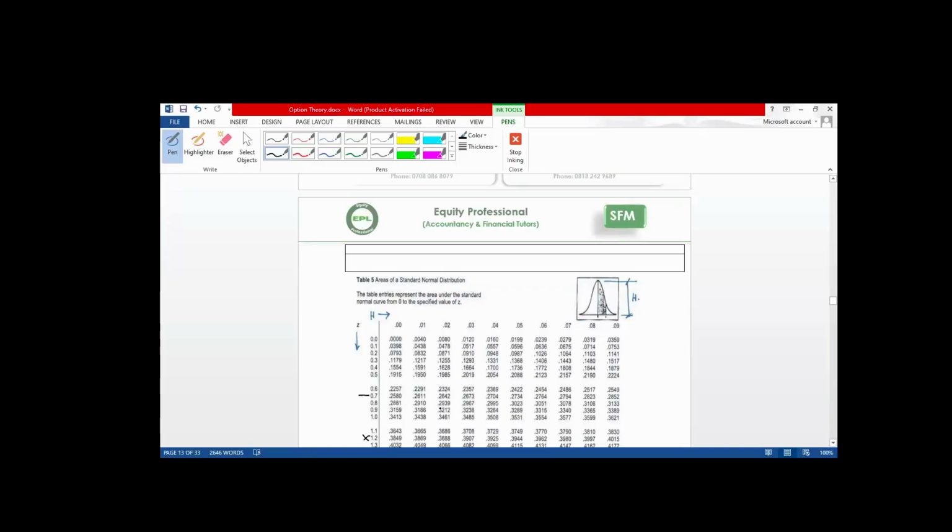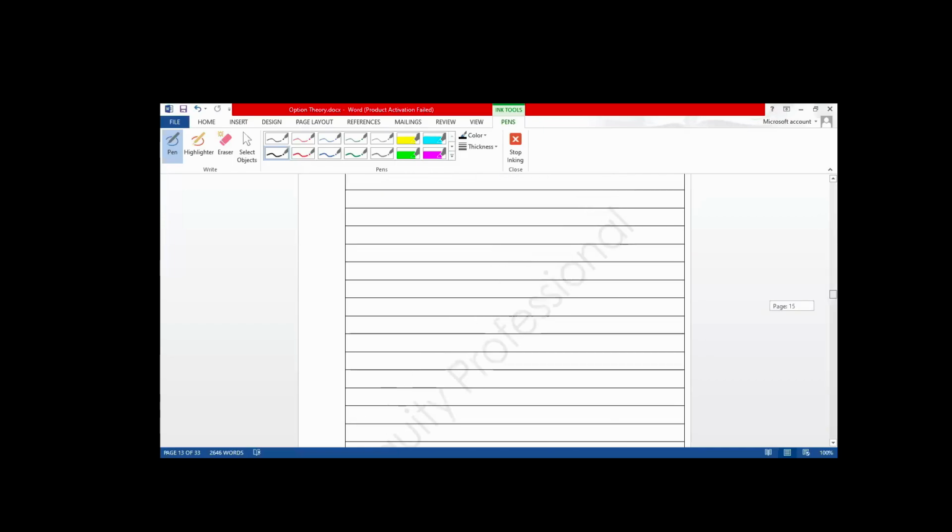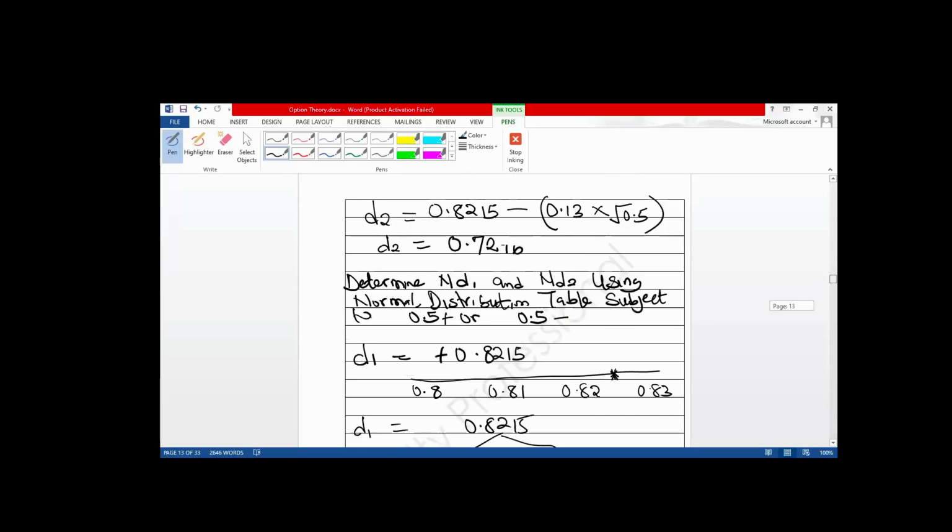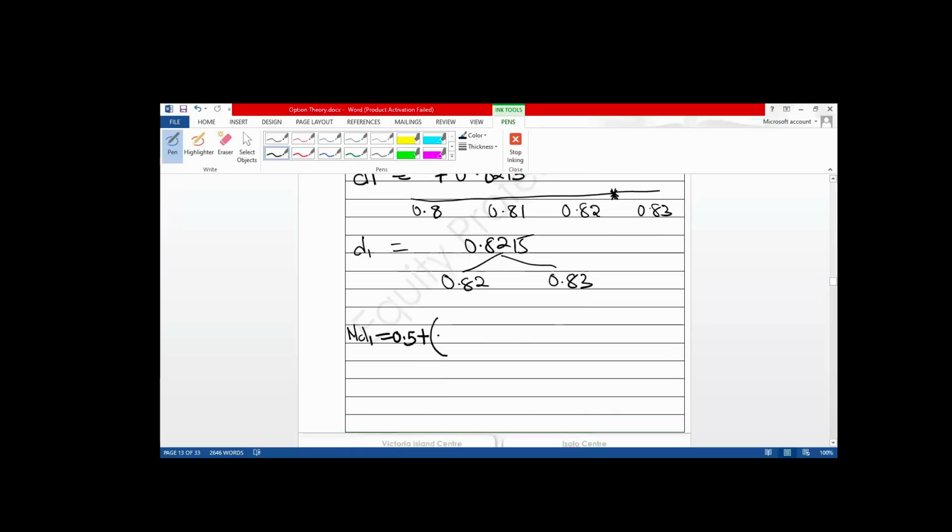The figure here is 0.2939. You pick that figure, 0.2939. Return to your calculation. This is 0.2939. You now introduce plus.